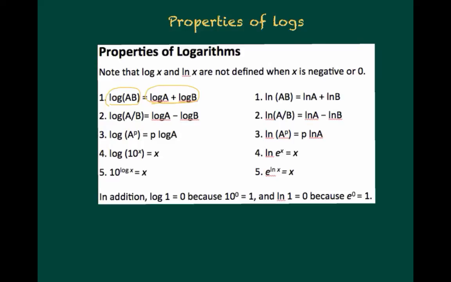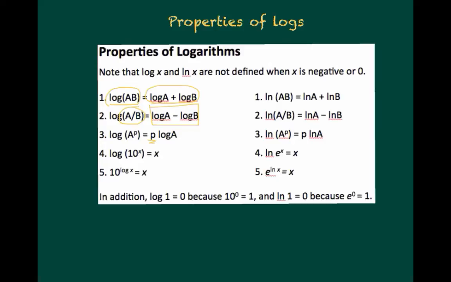Likewise, with division, when you're dividing within the log, that is accomplished by subtraction, just as when you're dividing two numbers with a like base, you can subtract the exponents. Okay, number 3, when you're raising a log to a power, you can bring the power out in front. Very useful, as we'll see in the first example problem.